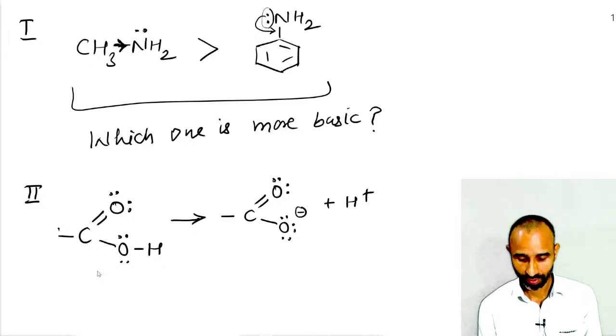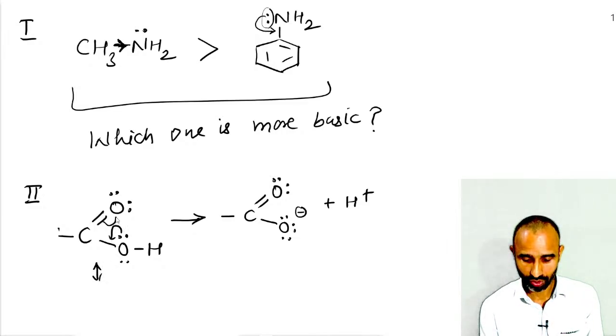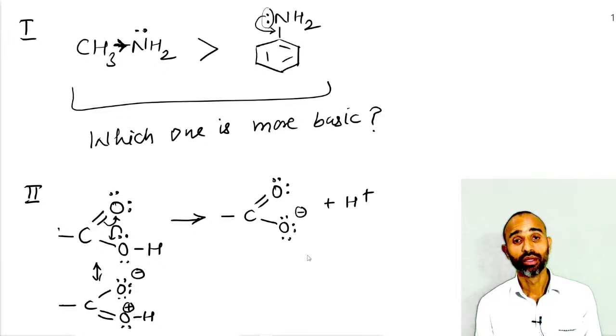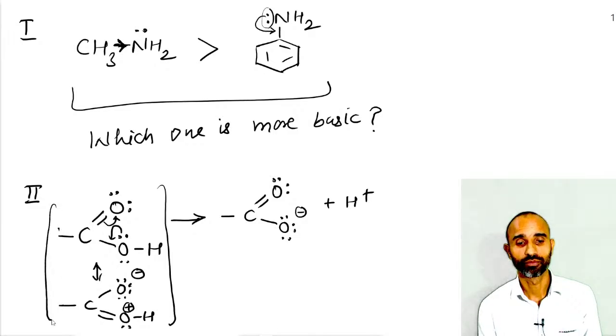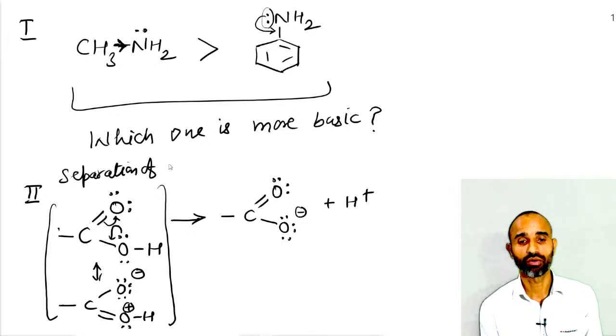See, in the first case, this lone pair is in conjugation with the pi bond. So see, there is a separation of positive and negative charge. In the carboxylic group, there is separation of charges.